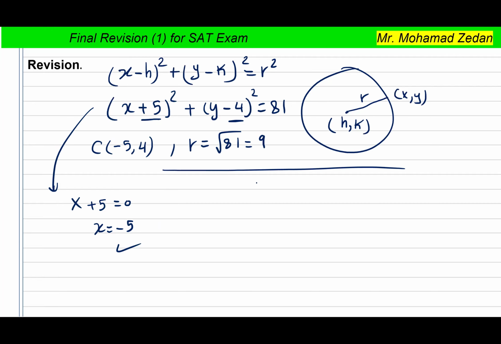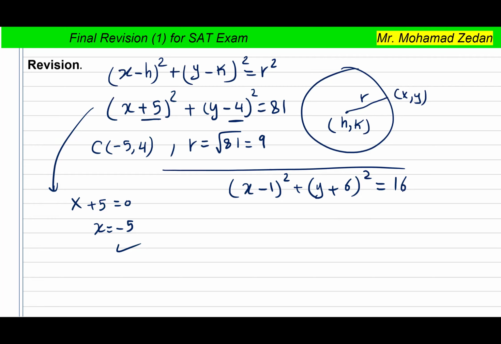The most important point here, for any equation of a circle like this one, (x minus 1) all squared plus (y plus 6) all squared is equal to, for example, 16. Now, where are the points of intersection of this circle with the x-axis?